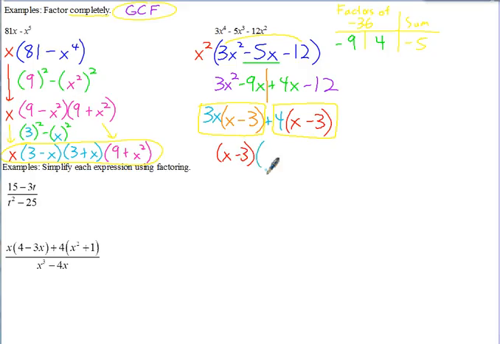And then what's left of the first term is just the 3x, plus what's left of the second term is just 4. And finally, don't forget our GCF we took out in the very beginning was x squared. And now look and see if either of those factor further, and they do not. So that is our completely factored form.